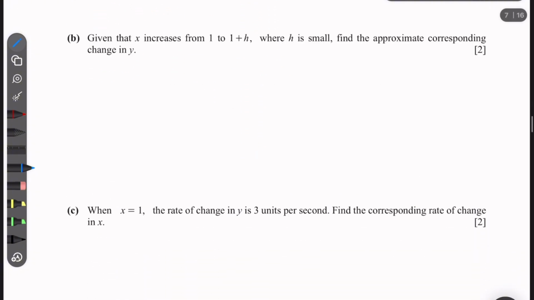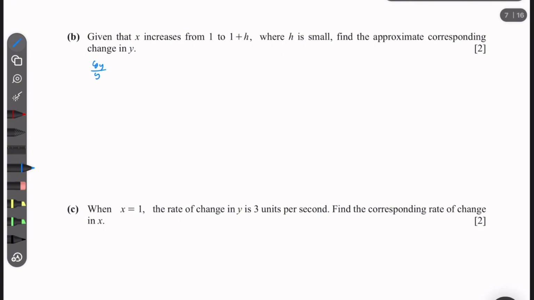So part B, given that x increases from 1 to 1 plus h, where h is small, find the approximate corresponding change in y. So we can use the formula delta y over delta x equals dy dx. Okay, so we have change in x, which is 1 plus h minus 1, which gives us h.